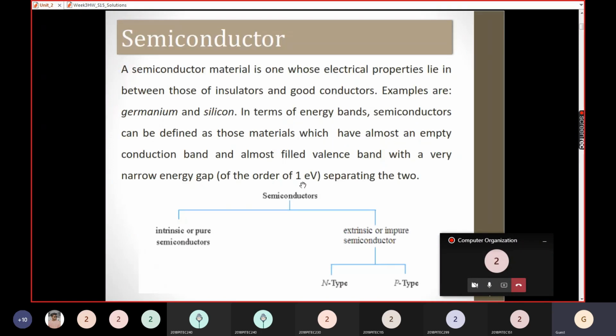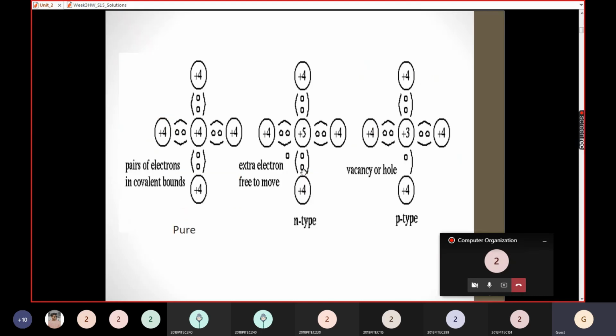So 1 electron volt is the separating distance between the electrons and holes. That's what they are saying here also. Suppose a hole and an electron remain unbonded, first check the energy band. Then after that, see the other constraints represented in all the conventional problems.